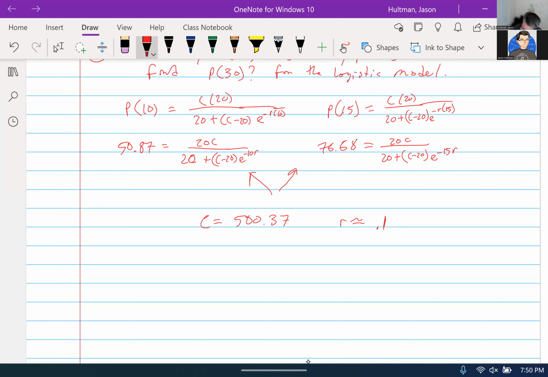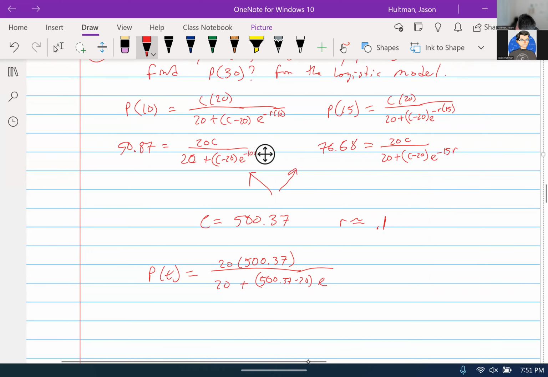So that tells me that P of t is equal to 20 times 500.37 over 20 plus 500.37 minus 20 e to the RT.